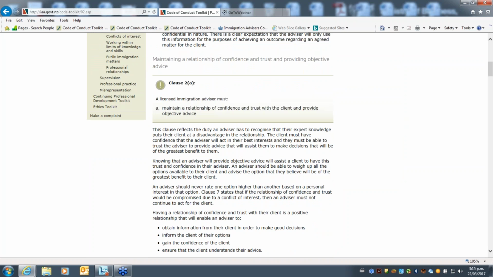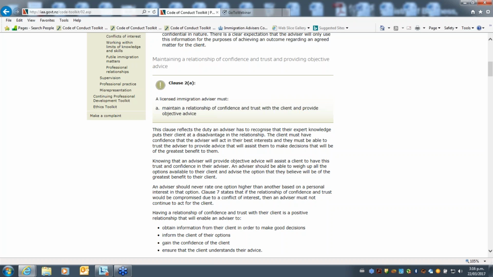So at clause 2A, it talks about maintaining a relationship of confidence and trust with the client and providing objective advice. So you're required to establish a relationship with your client, and possibly one of the things that we see going wrong in this space is when advisors don't establish a relationship with the client at all and they rely on their staff to do that, or somebody else.